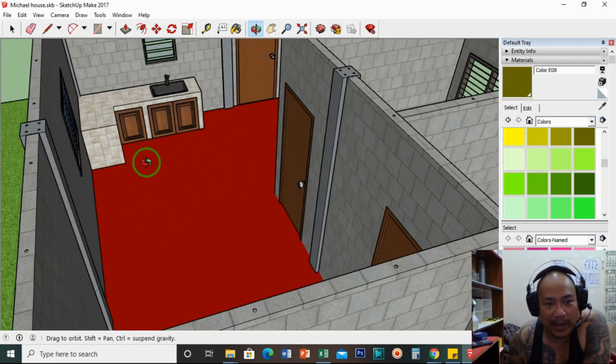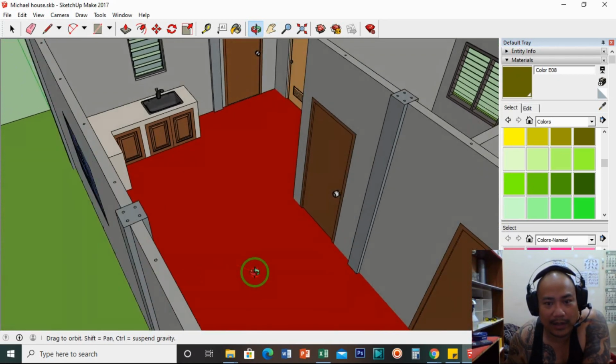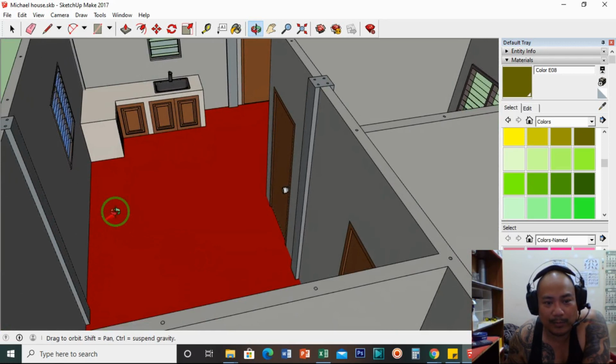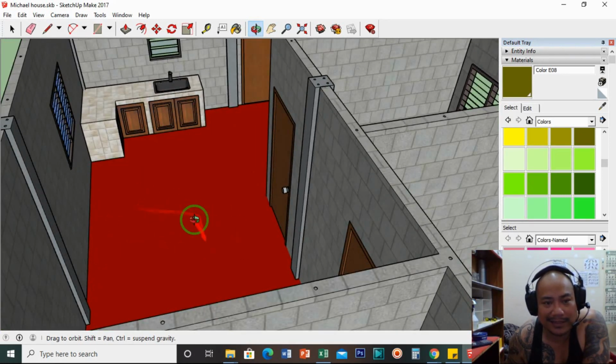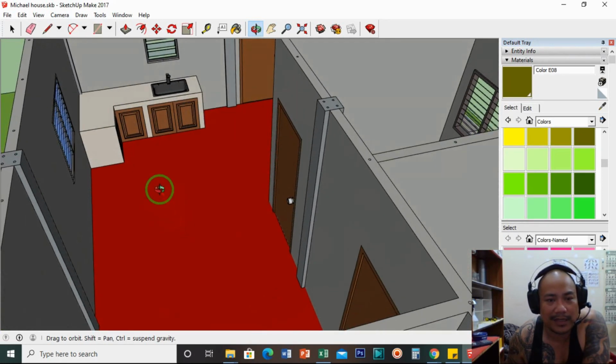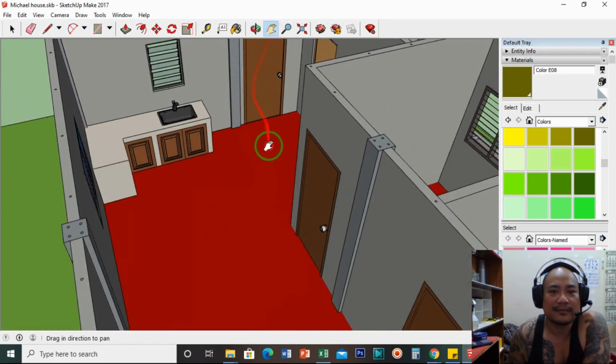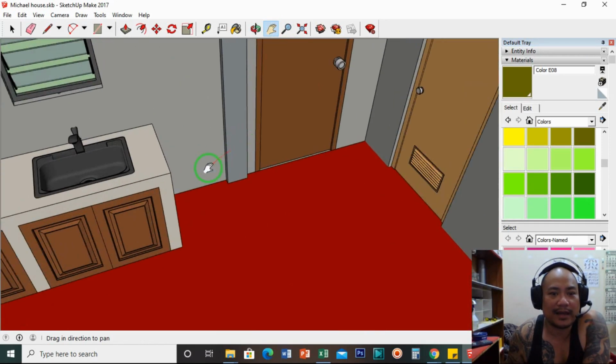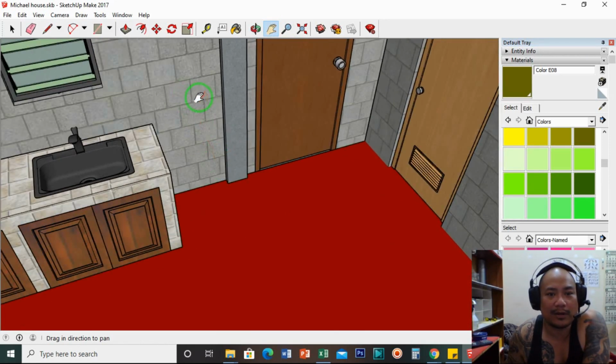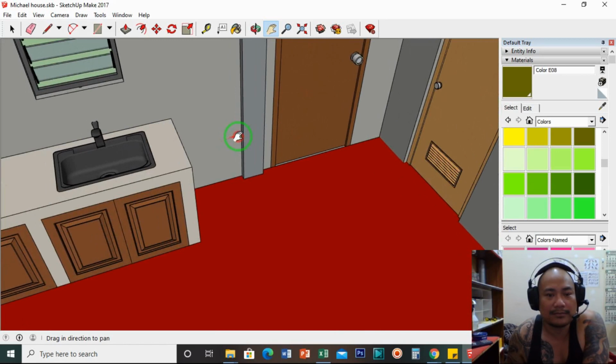So here we have our living area. We can put our sala set here, or what else, and a small table. In this area we could put our refrigerator.